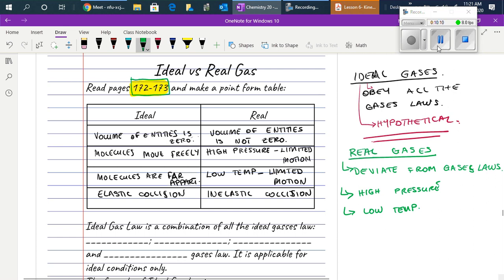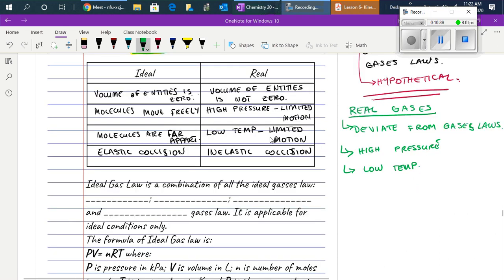So this is the difference between the ideal and the real gases. The real gases do not always obey the gas laws, but when we have high pressure and low temperature, they don't. Versus the ideal gases, they obey the gas laws all of the time.